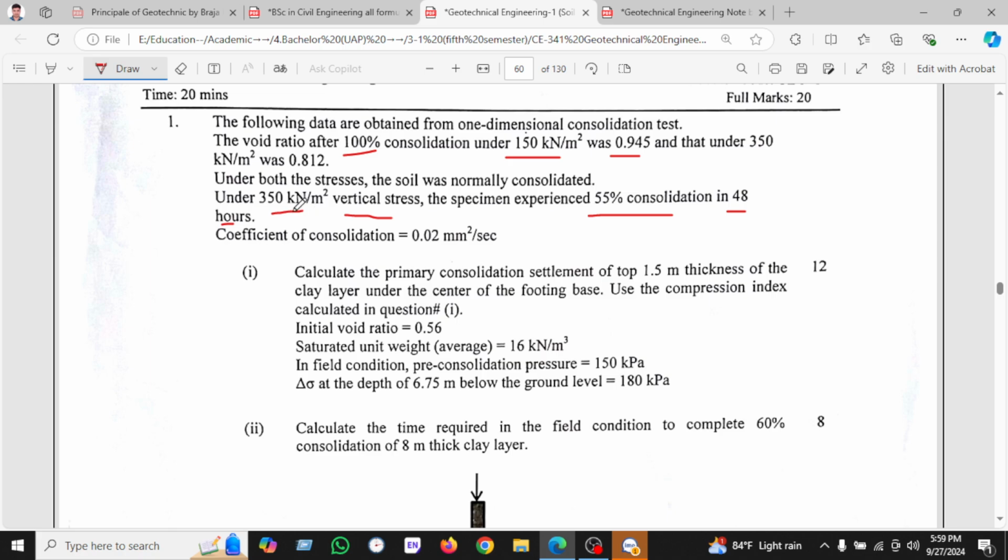So this is the vertical stress, delta sigma, given here, and the void ratio we can find by comparison for delta e. We have found delta e in this way, and the coefficient of consolidation Cv is given here.